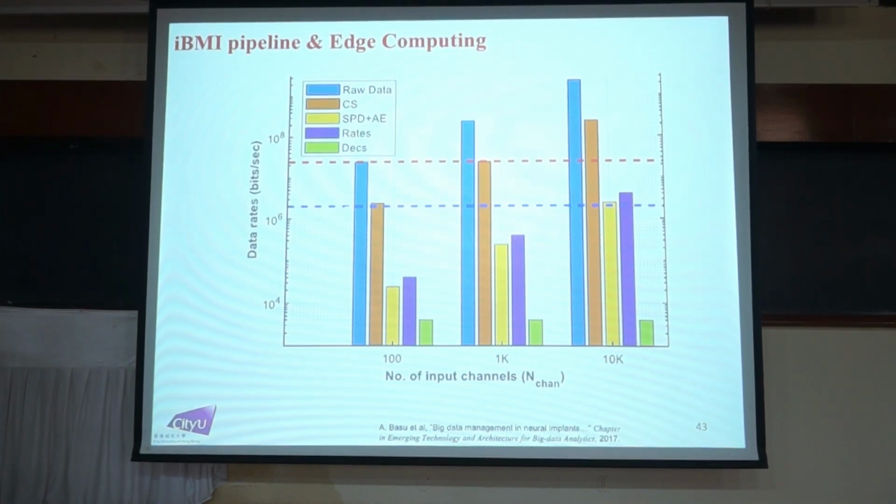You can see that if you use compressive sensing, you very easily get out of this range, beyond about 1000 channels. If you're using firing rates or spike detection, that's okay, but after about 10,000 channels, you start getting out of range. But if you're using the decoders, you can keep the data rate below this range for even up to 10,000 channels. So it's a very nice way forward.